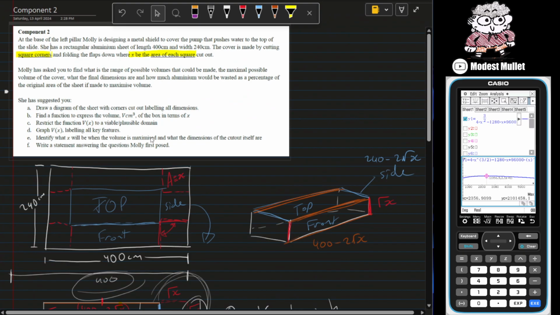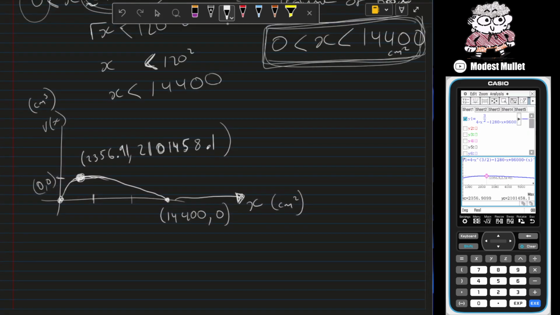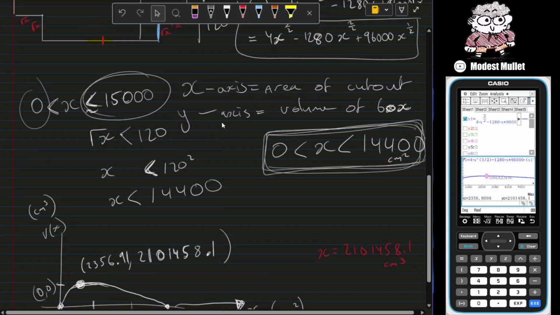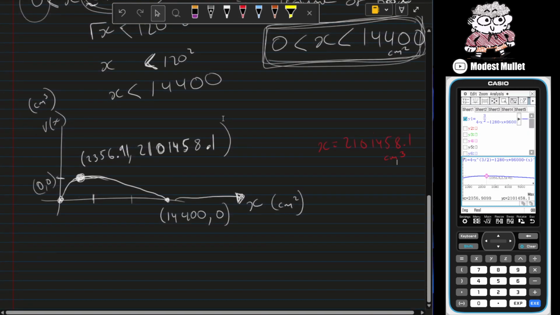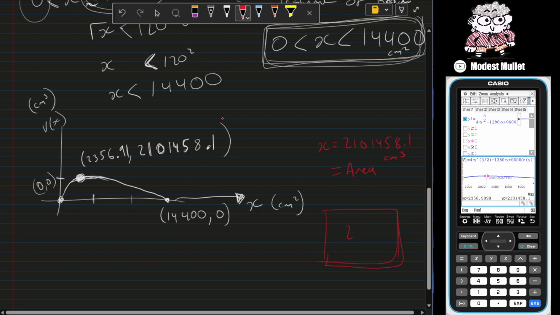Identify what x will be when the volume is maximized and what the dimensions of the cutout itself are. Okay, so we've found x is 2.10, and just for rounding sake, let's actually write it all the way out. X is equal to 2101458.1 centimeters cubed. Now the dimensions of the cutout, so that's the area, and it's a square cutout.